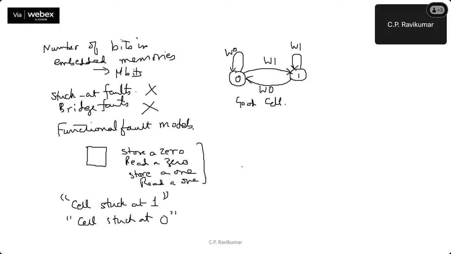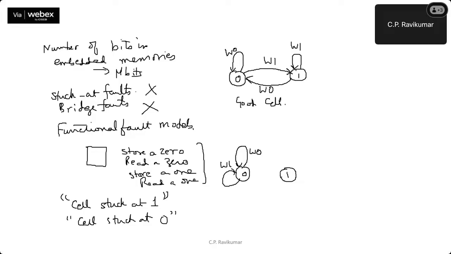On the other hand, if the cell is faulty, imagine that it is stuck at 0. Then both write 0 and write 1 will unfortunately send the cell back to this state. So there is no way the cell can go into this state at all.